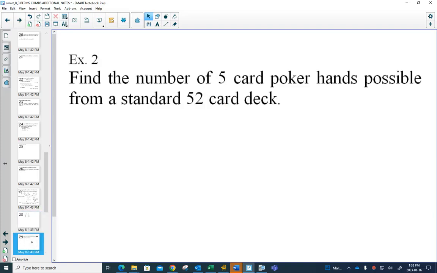And we can get into things like playing poker. If there are 52 cards in a deck of cards, and a poker hand consists of 5 of them, the order doesn't matter that you get those 5 cards. 52 choose 5. And again, on your calculator, you should be able to find the choose button.